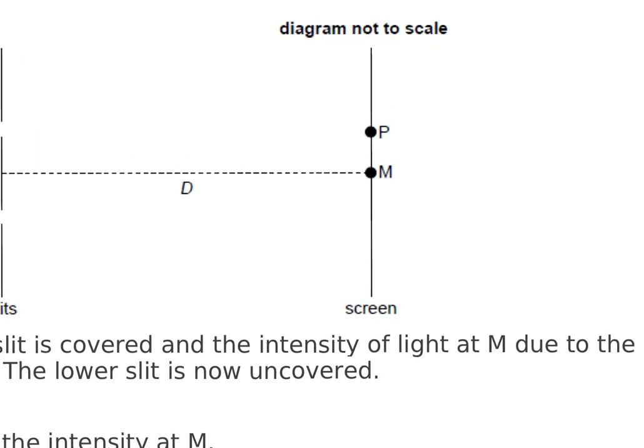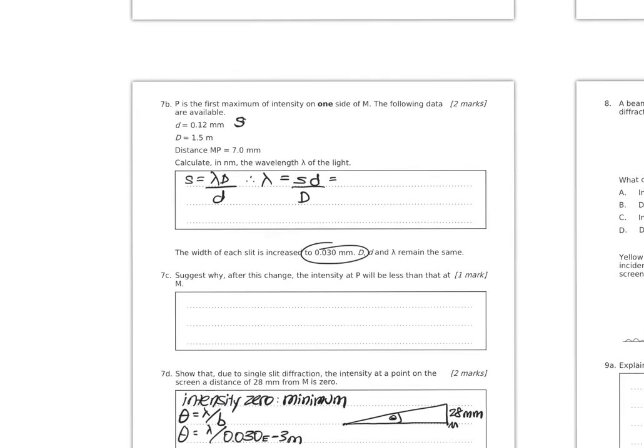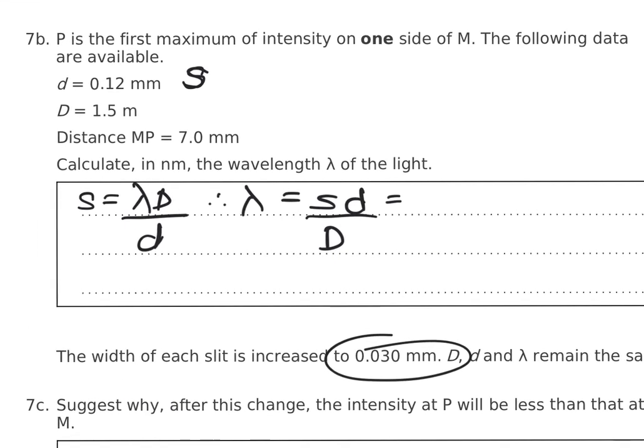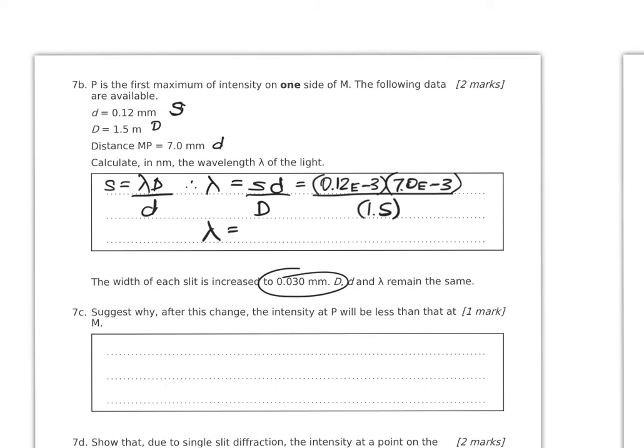That's that right there, MP. So if we bring this back over here, we have s, we have d, and we have D right here, giving us 0.12 times 10 to the negative 3 times 7 times 10 to the negative 3 divided by 1.5. That's going to give me a wavelength of 560 times 10 to the negative 9 meters. And that's the wavelength of our light.